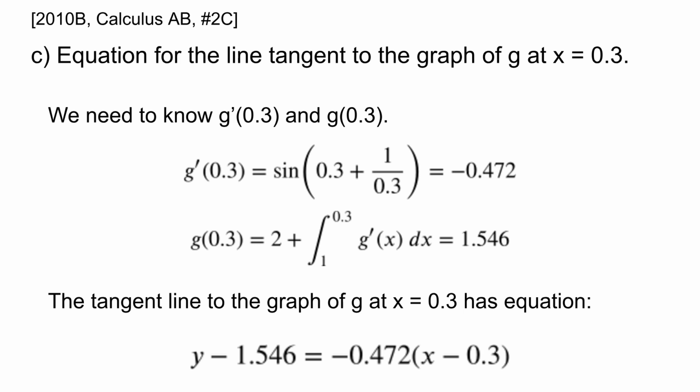Using x equals 0.3 and the values we got for g prime of 0.3 and g of 0.3, we can write the equation for the tangent line as y minus 1.546 equals negative 0.472 times the quantity x minus 0.3.